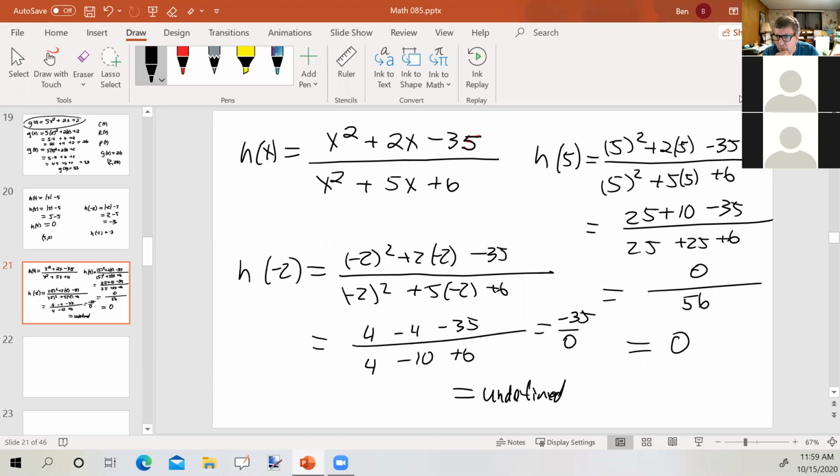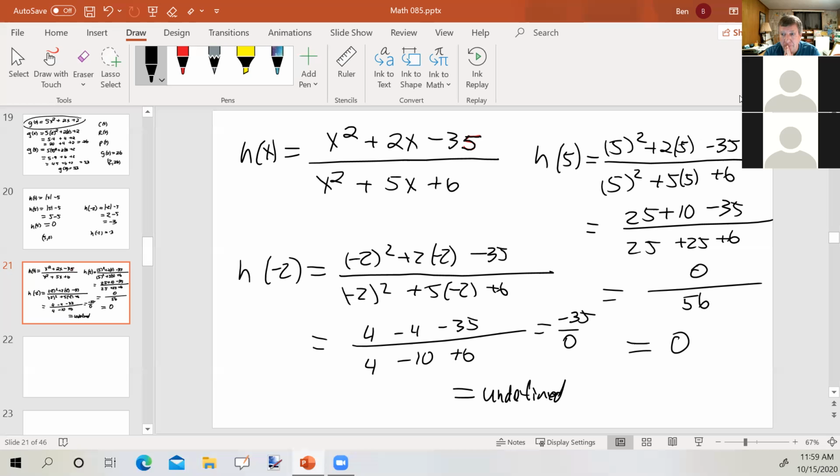And we'll explore that more later. But what I wanted to say right now is this. -2 is not in the domain of this function, because when we put -2 into the function, it did not produce a real range value.